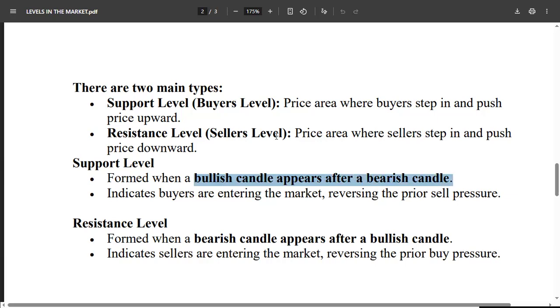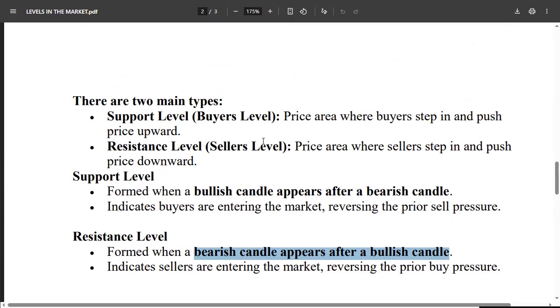So that is the price where you can mark a level. And in the resistance level, we see a bearish candle appearing after the bullish candle. We're going to see that in the chart. So let's go in the chart.